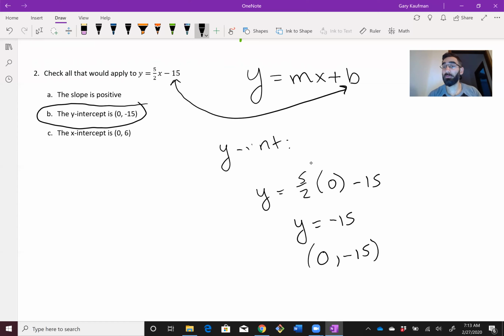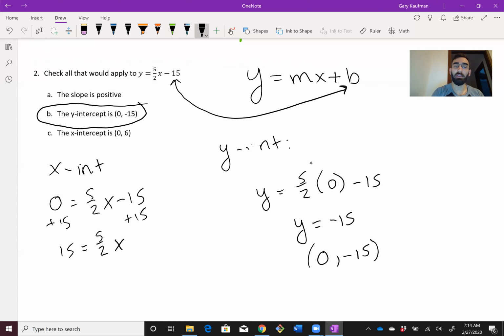Slope-intercept form doesn't give us the x-intercept, so let's calculate it. We plug 0 in for y in y equals 5/2 x minus 15. Add 15 to both sides and we get 15 equals 5/2 x. Divide by 5/2, which is the same as multiplying by 2/5.